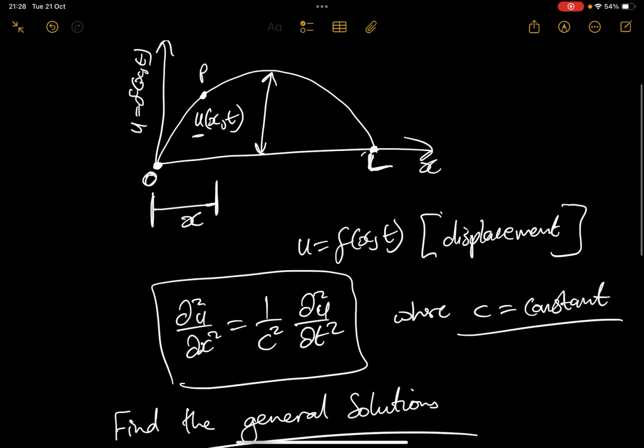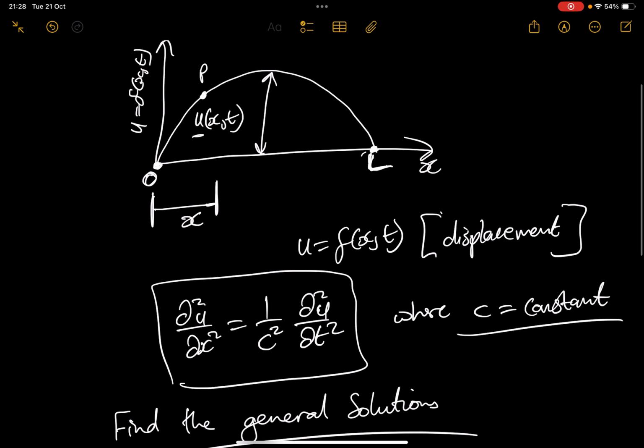So 0 is equal to a (e^(pL) minus e^(-pL)) times (c cos(cpt) plus d sin(cpt)).